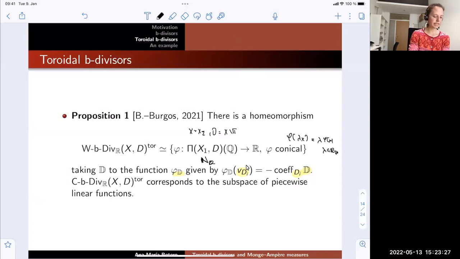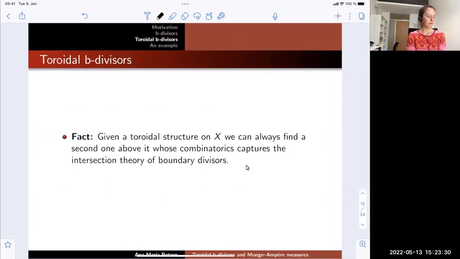But before this, I'm going to say the following fact: given a toroidal structure on X, we can always find a second one above it whose combinatorics captures the intersection theory of boundary divisors. So what am I saying with this? Recall that a toroidal, this conical polyhedral complex, is an abstract thing.